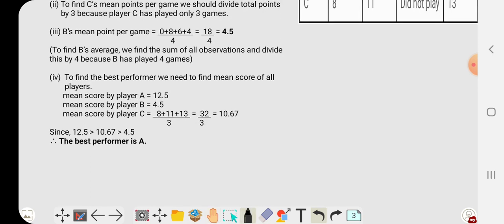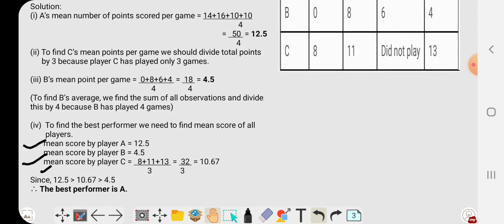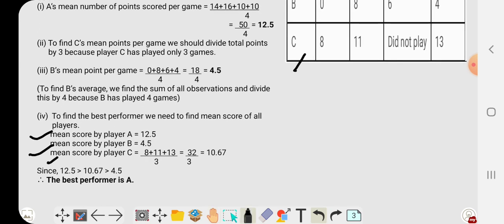Like the mean score by player A is 12.5. We have already calculated. For B, it is 4.5. For C, now we have to calculate. 8 plus 11 plus 13 divided by 3 because C has played only 3 games. The sum is 32. 32 divided by 3 gives 10.67.